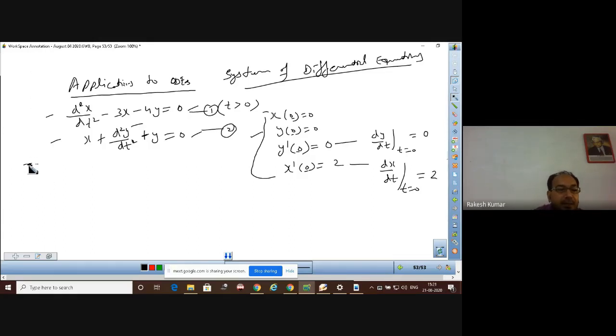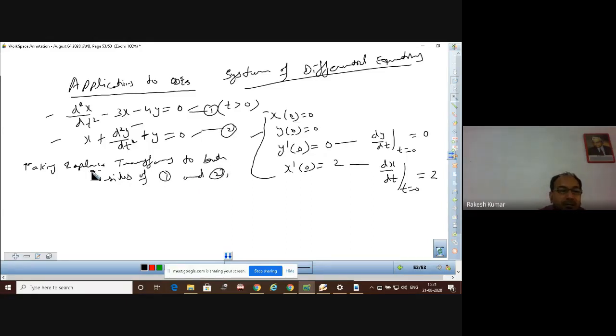So taking Laplace transforms to both sides of 1 and 2. We will take the Laplace transform, so let us apply Laplace transform to the first equation.